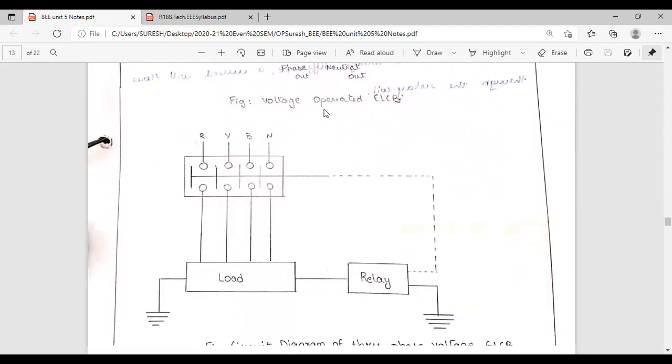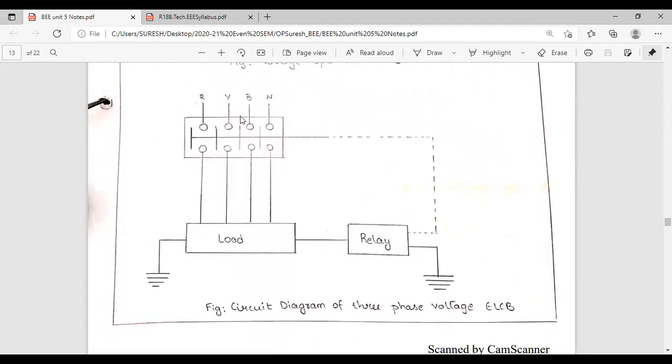Let us take 3 phase now. In 3 phase, how many phases are there? 3 phases, RYB, and 1 neutral. This is the incoming phase. These are the out phase terminals that are connected to the load.